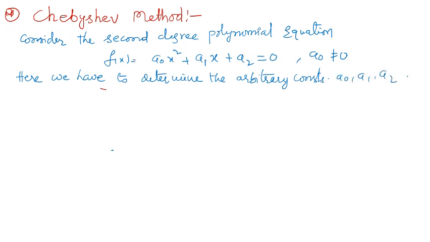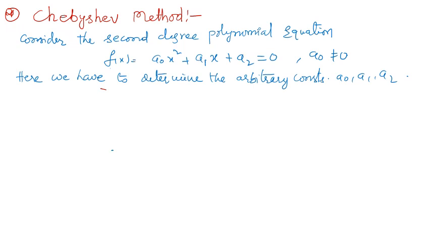Now in the previous Muller's method, we considered three initial approximations xk minus 2, xk minus 1, and xk, and expressed this equation at these points. Then we form the determinant equal to 0, and from that we get Muller's method.